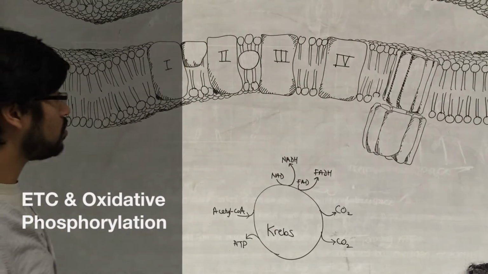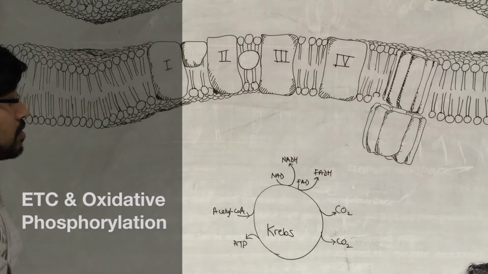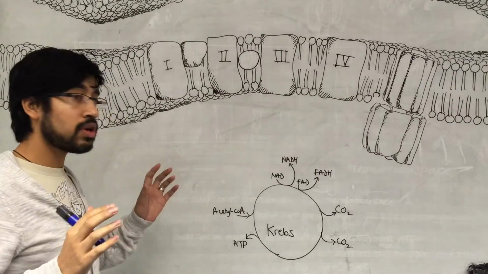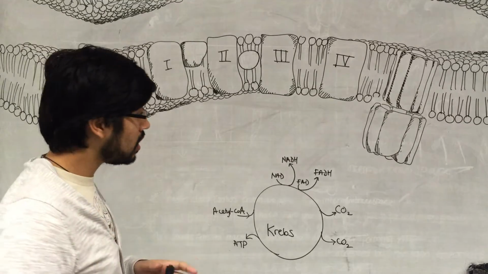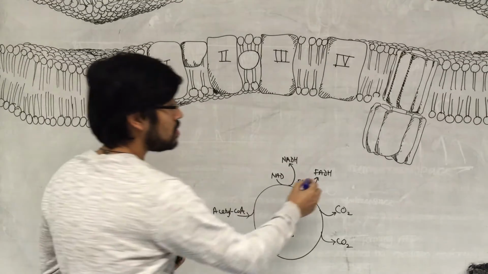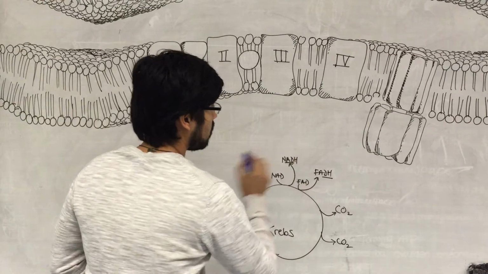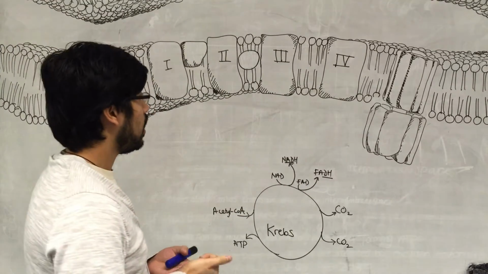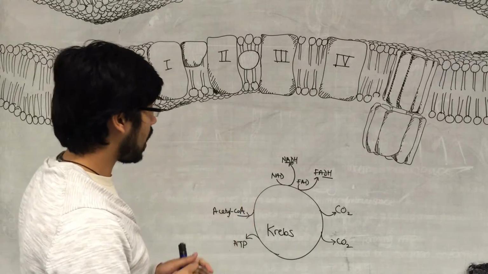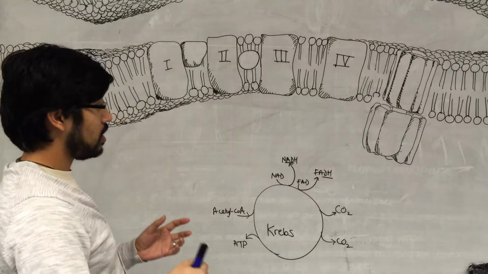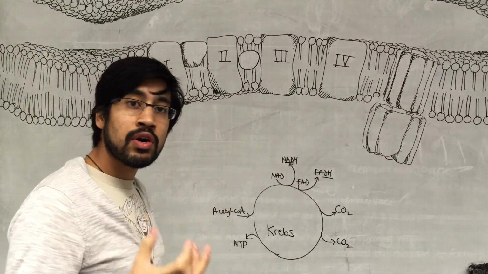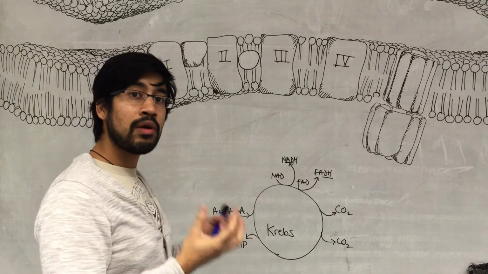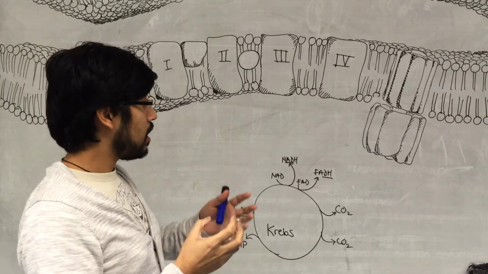Hi guys, so we're back now and we're going to this time look at what happens to the product of the Krebs cycle, primarily our reduced coenzymes, NADH and FADH. We've been saying that in terms of the journey of energy, the energy started off in the glucose molecule, that got broken down to pyruvate in glycolysis.